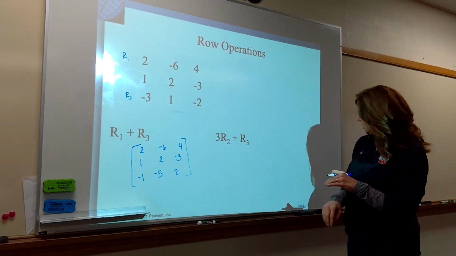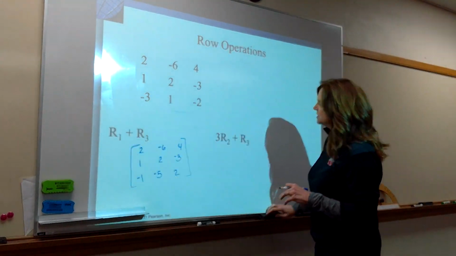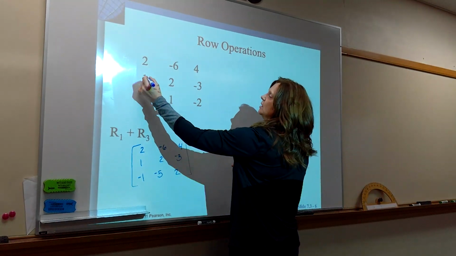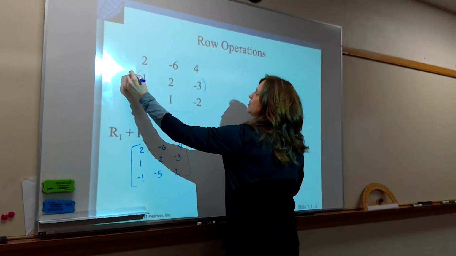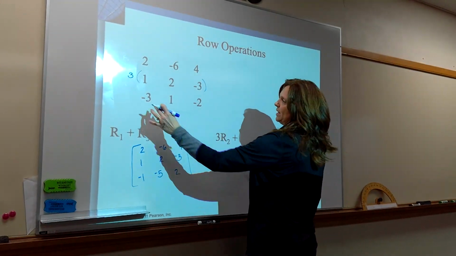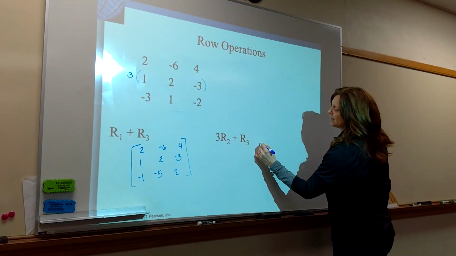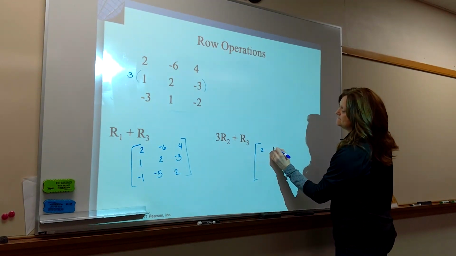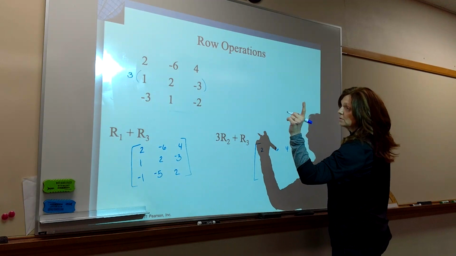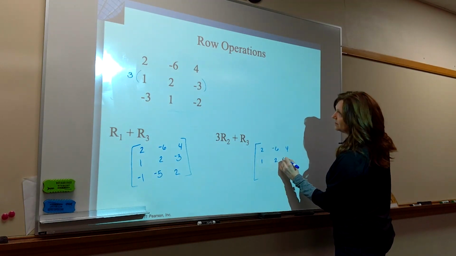Here's just another example of some row operations that they want us to do. So it says take 3 times row 2. So we're going to take this whole row, multiply it by 3, and then we're going to add it to row 3. We're going to add it to that one. So again, row 1 doesn't change. Row 2 doesn't change in our answer.